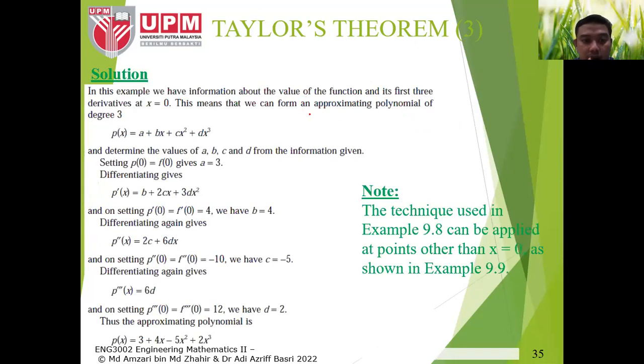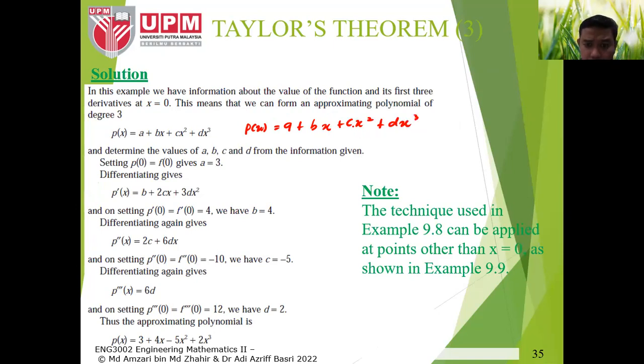In this case, we know the first three derivatives at x equals 0. So we can create our function P(x) equals a, a constant, plus bx plus cx squared plus dx to the power of 3.